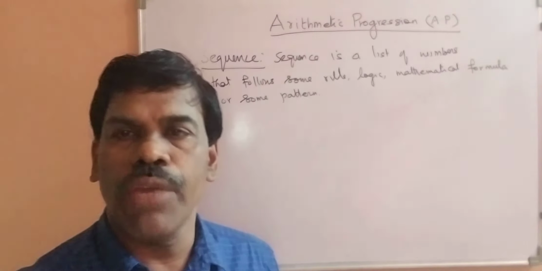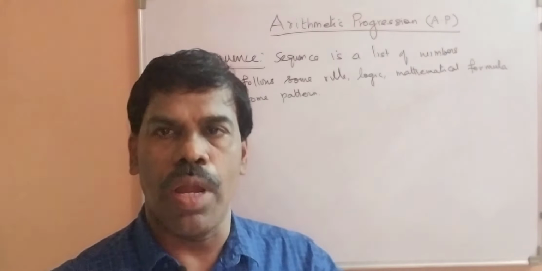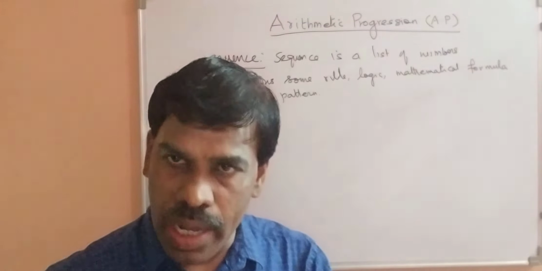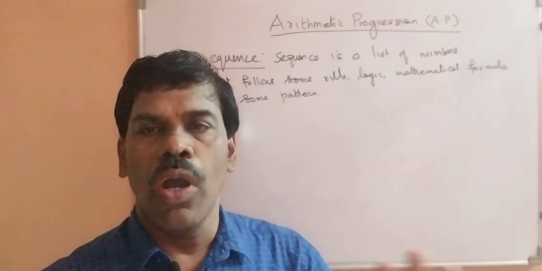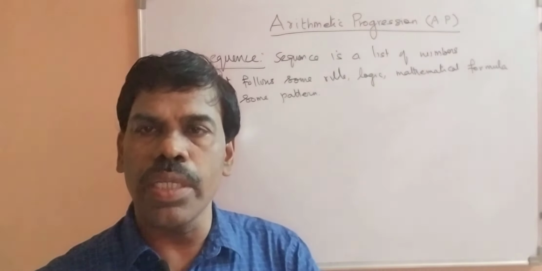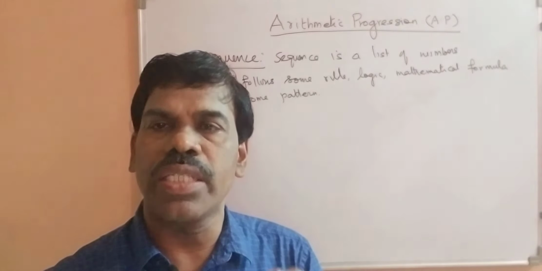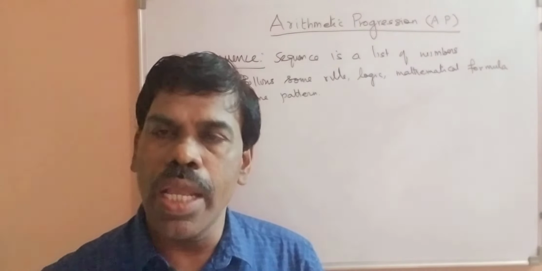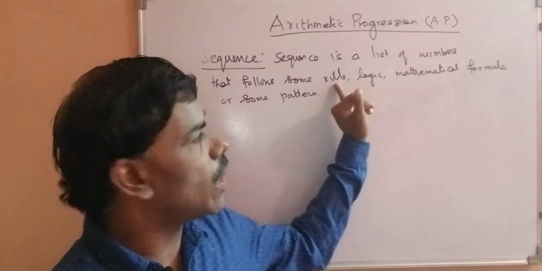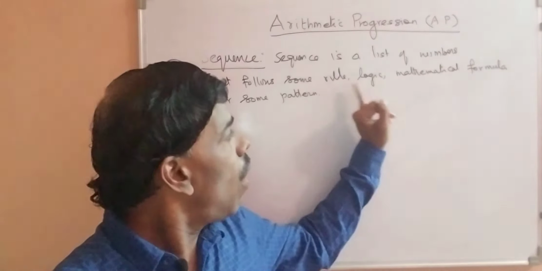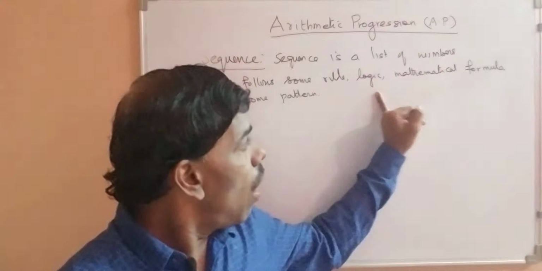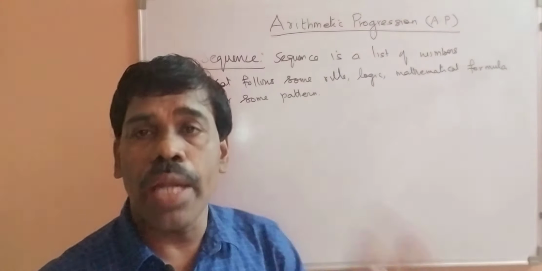See, sequence is nothing but a list of numbers or a collection of numbers, or we can say a set of numbers arranged in a particular way with respect to some rule or some logic or some formula or some pattern, whatever it is.